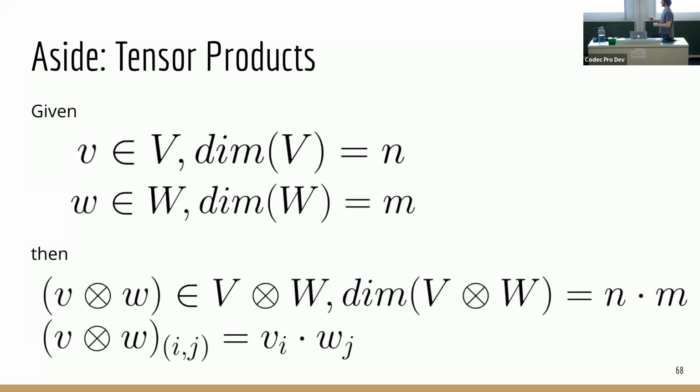And this is defined in such a way that all possible combinations of products where one factor is an entry in v and one factor is an entry in w are accounted for.